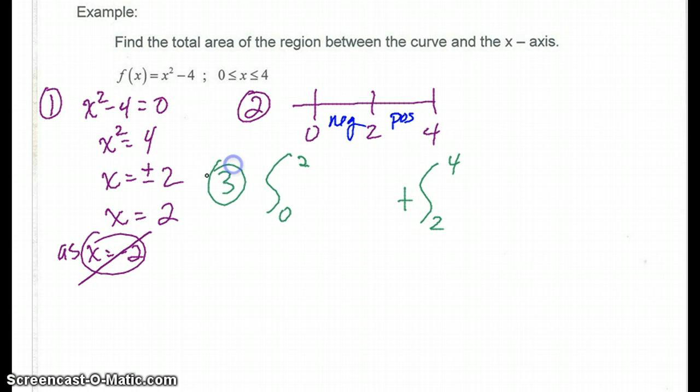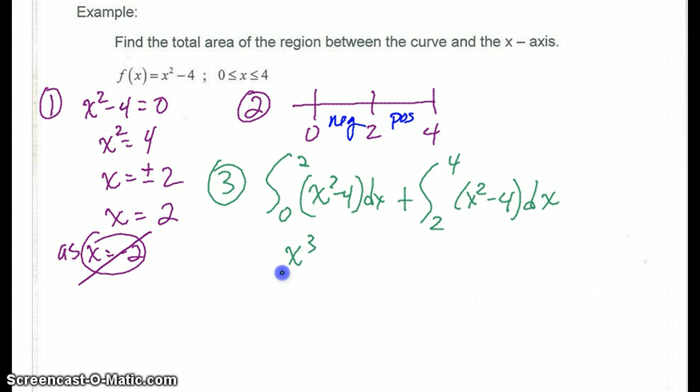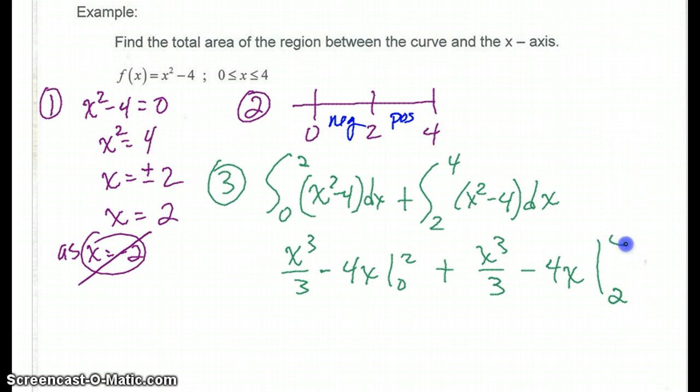And this is step 3. Alrighty. So then we're going to put in our function x squared minus 4 dx. We're going to solve to get x cubed over 3 minus 4x from 0 to 2 plus x cubed over 3 minus 4x from 2 to 4.